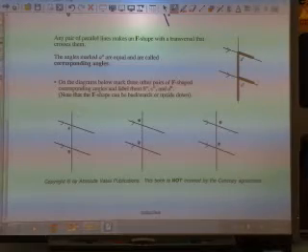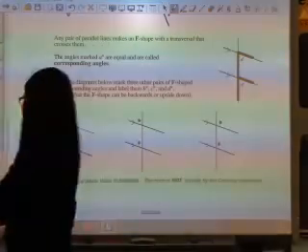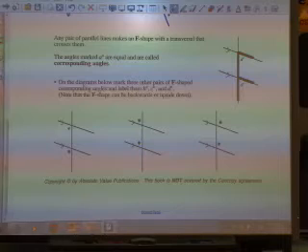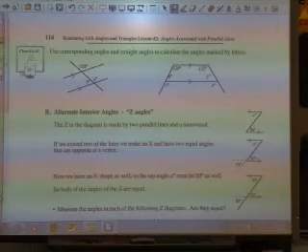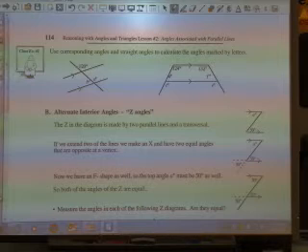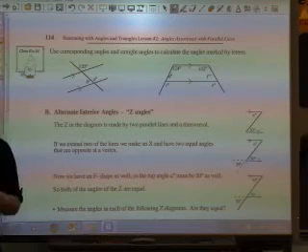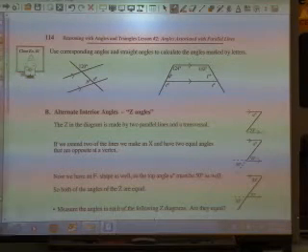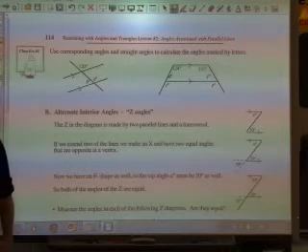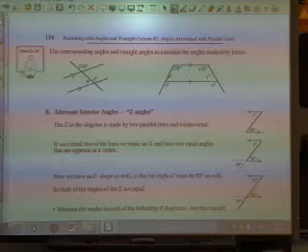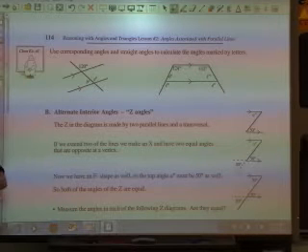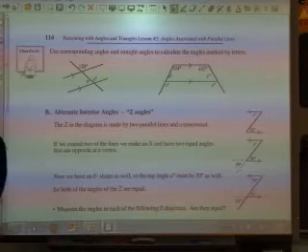So let's look at an example. Use corresponding angles and straight angles to calculate the unknown angles as marked. So if I look at the first question, and I want to find out the measurements of angle A or B, or A and B, what could I use?